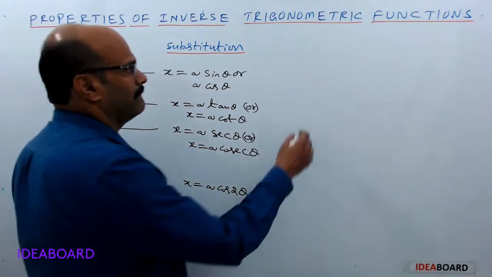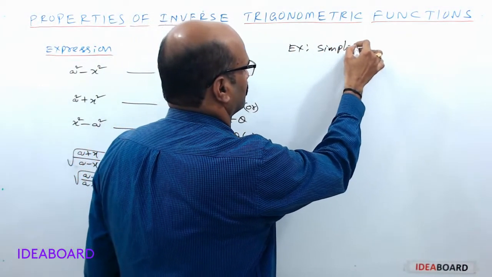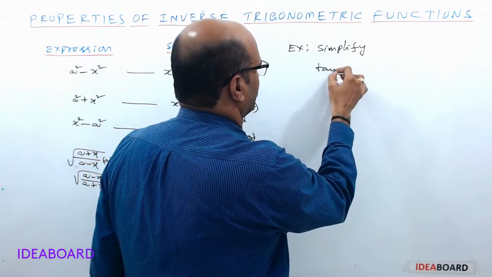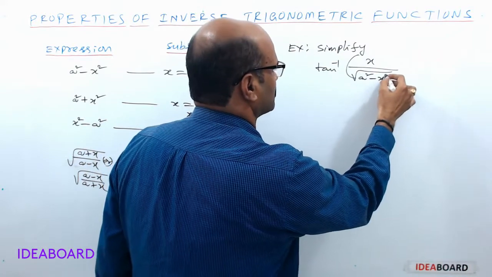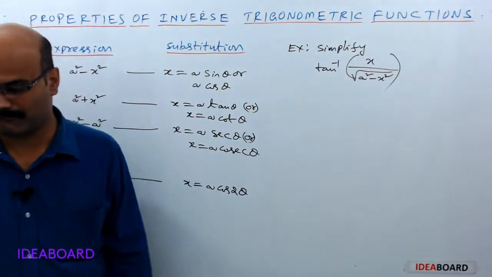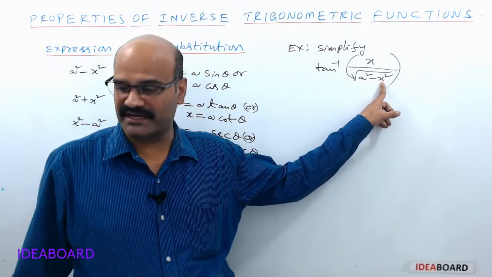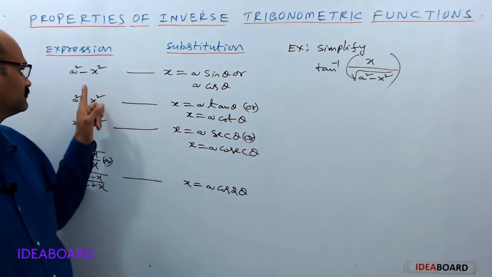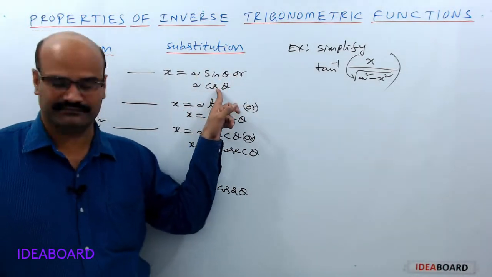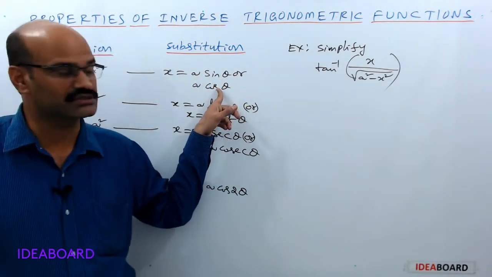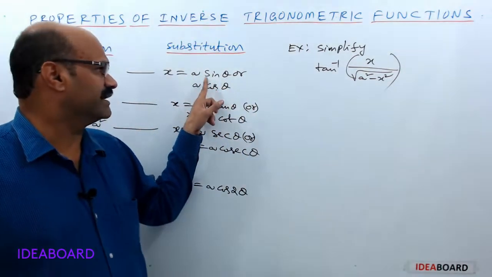Now, for example, simplify tan inverse of x by square root of a square minus x square. Wherever you have a square minus x square, we have to take x equal to a sin theta or a cos theta. So, put x equal to a sin theta.